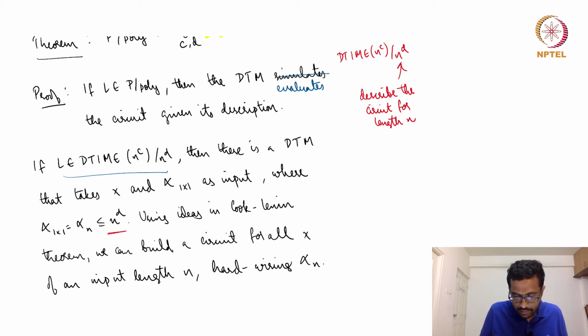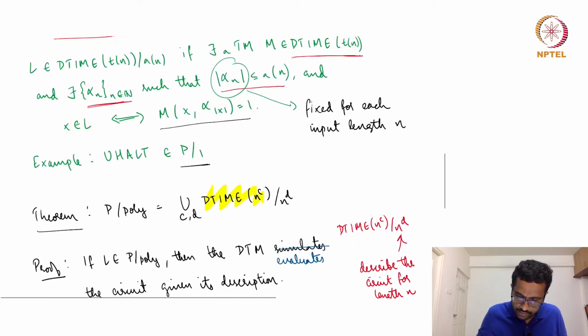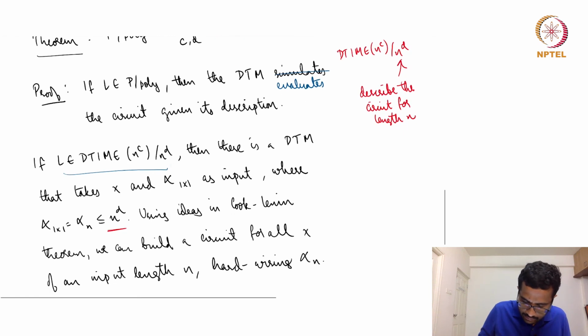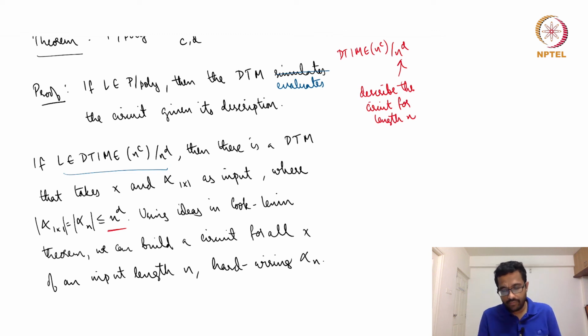So the length of alpha_x, which is the length of alpha_n, is upper bounded by n^d.